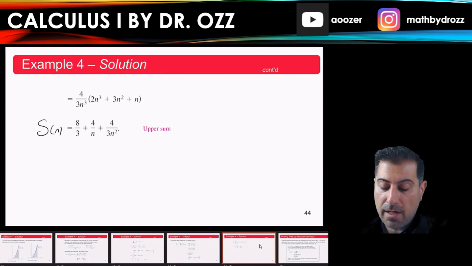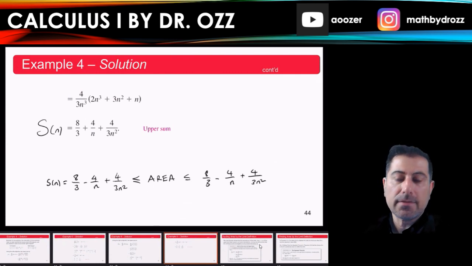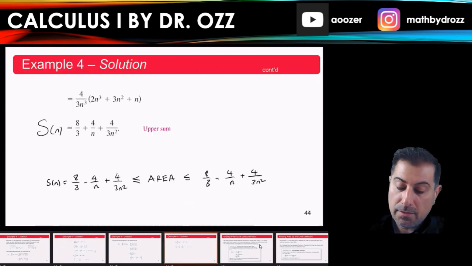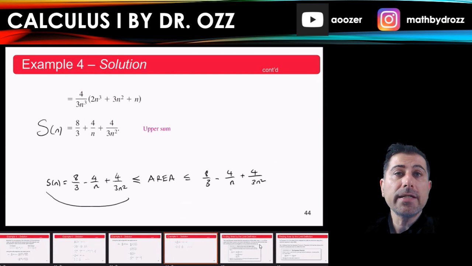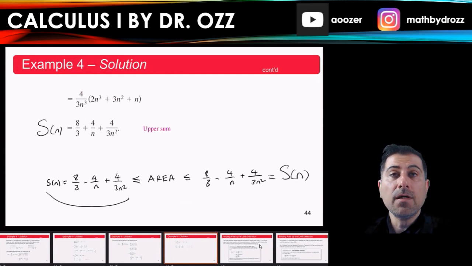So this way we found the lower and upper sum. In conclusion, I can write this inequality here: the lower sum is less than the actual area, which is in fact less than or equal to the upper sum. Remember that n is the number of rectangles.